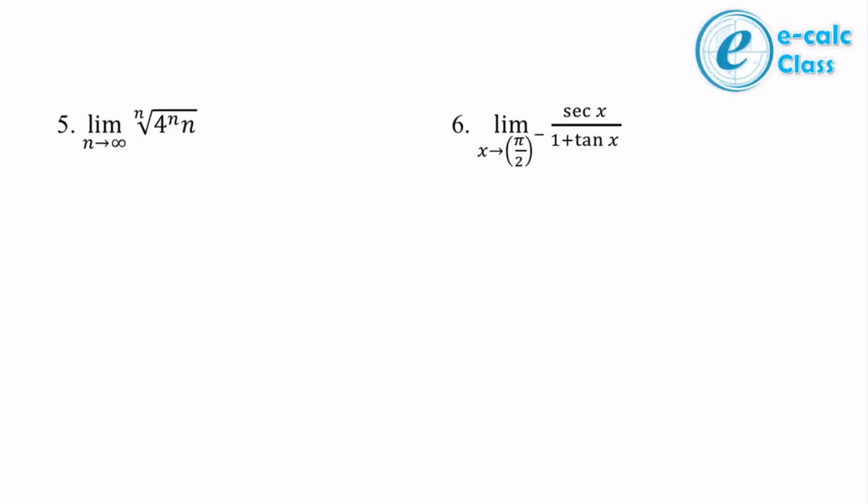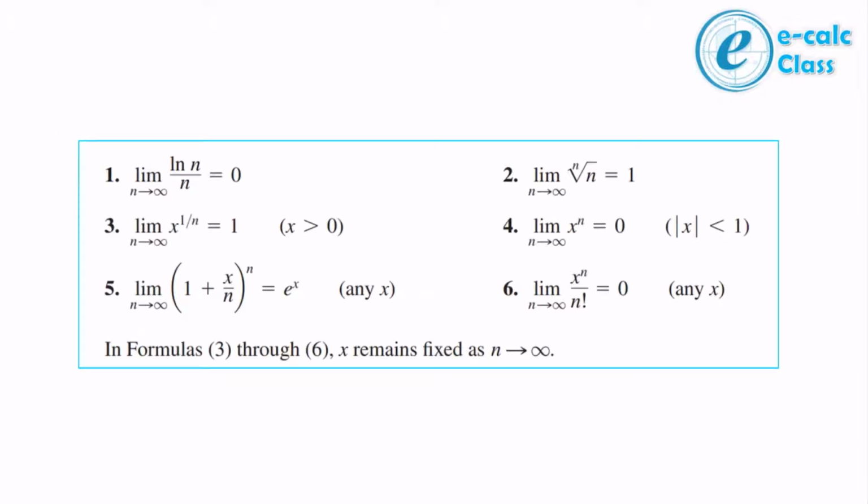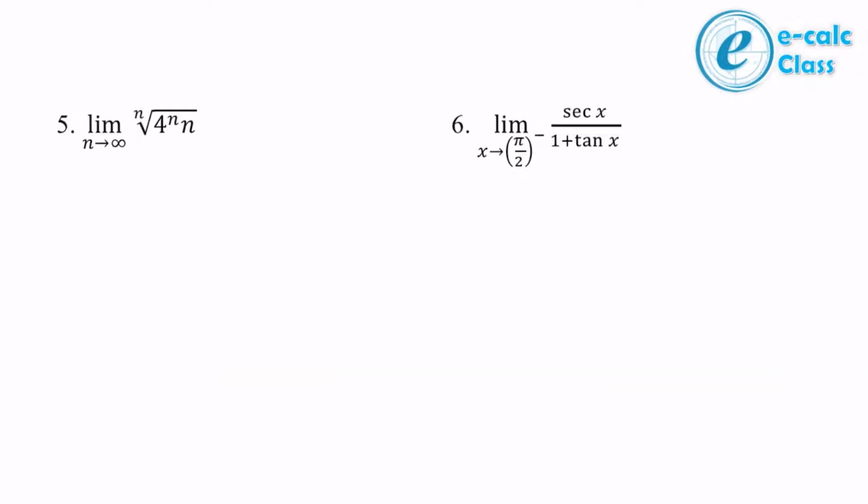Okay, so now we have an nth root of something, and whenever you see nth root of something, immediately what comes to your mind should be the table, alright? This table. And in this case, it is actually very nice because you know that you can split it into two, which is something like this.